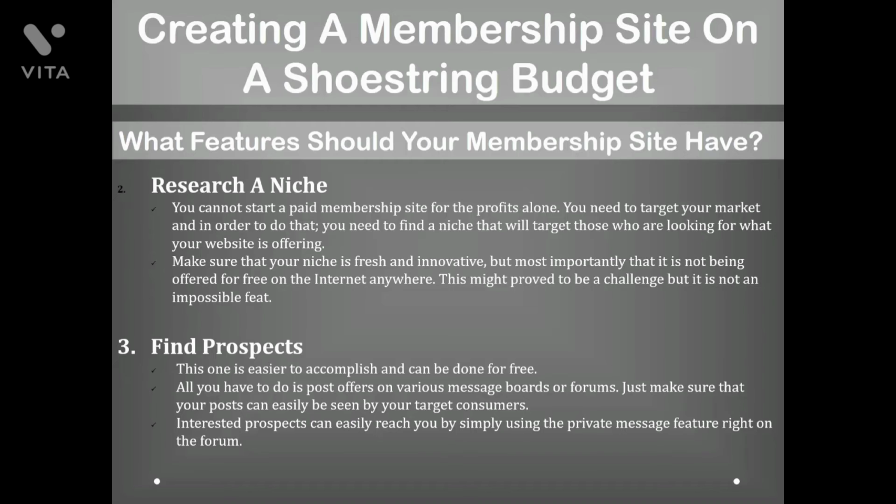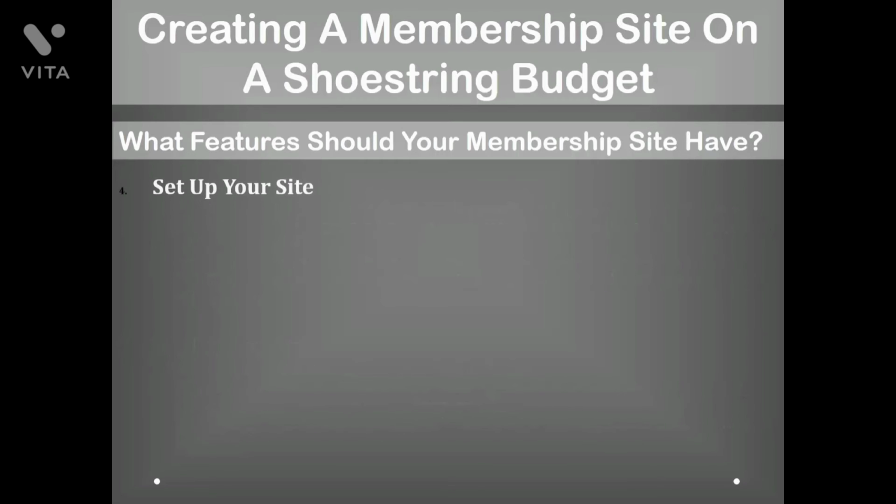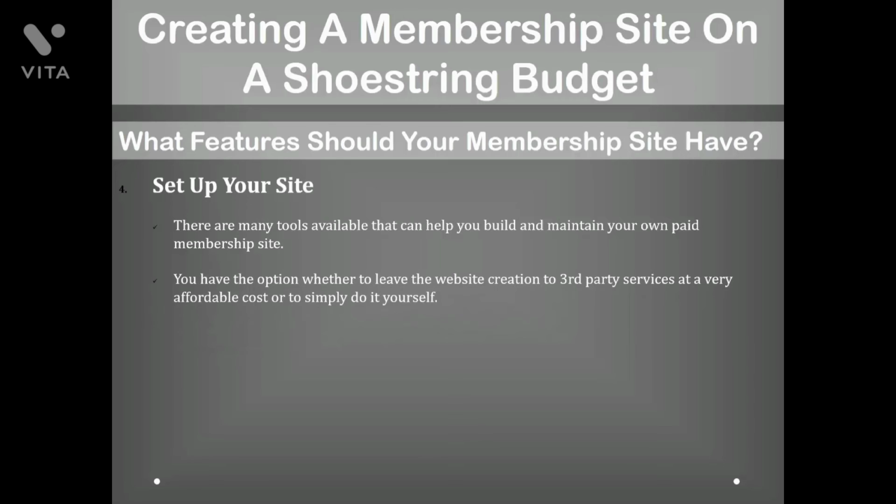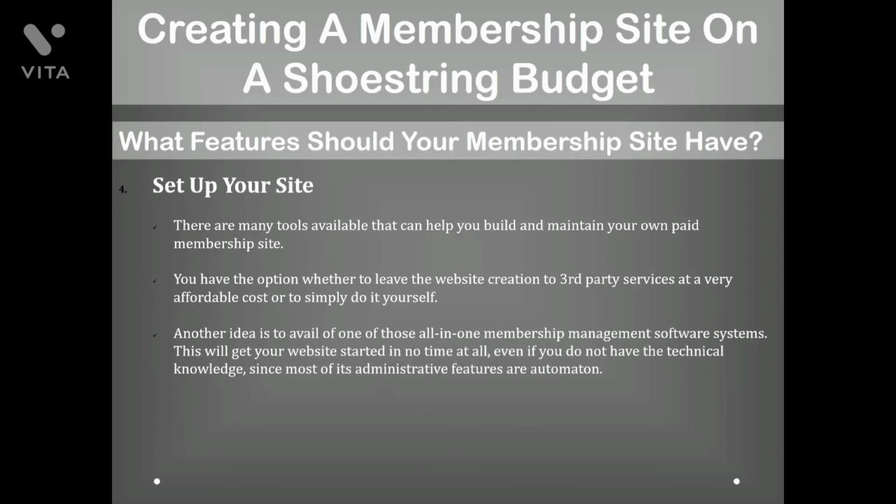The next step is to set up your site. There are many tools available that can help you build and maintain your own paid membership site. You have the option whether to leave the website creation to third-party services at a very affordable cost, or to simply do it yourself. Another idea is to invest in one of those all-in-one membership management software systems.